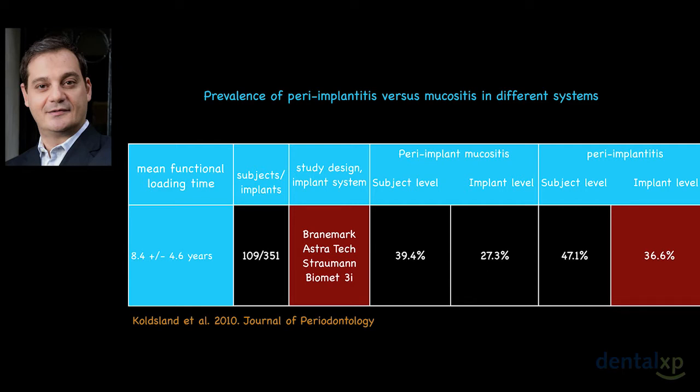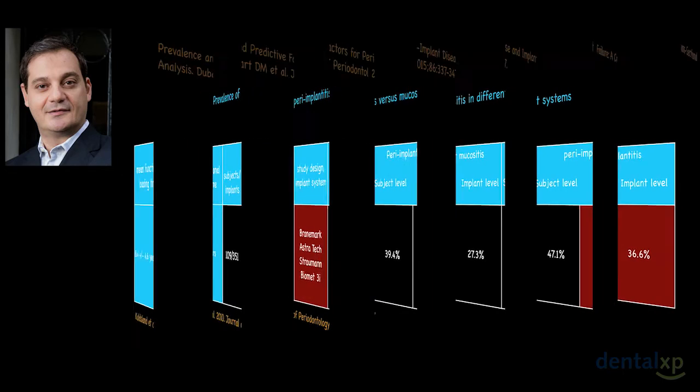The difference between this and the one previously mentioned is the presence of roughened surfaces. So with the advent of the technology that led to roughened surfaces, we have had an increase in peri-implantitis. Same thing we had with HA, now we have multiple surfaces, and now we are having higher risk of peri-implantitis.